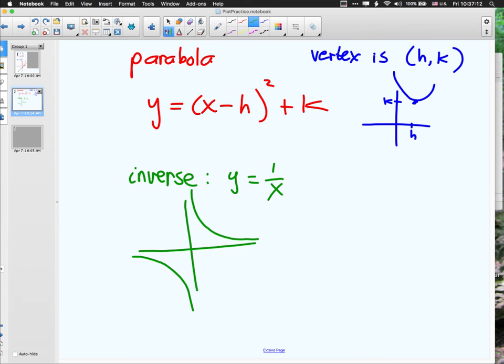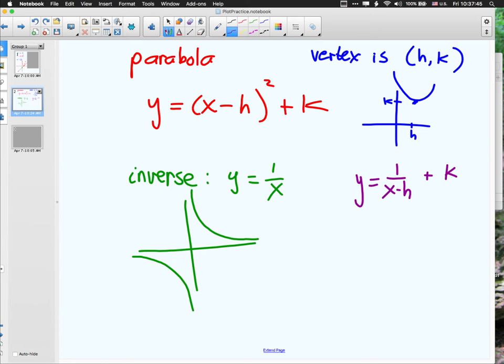Okay, this is what 1 over x looks like. So, what would 1 over x minus h plus k look like? It'd be shifted. Shifted which direction and how much? Toward the right h, because that's how the x is shifted, and up k.